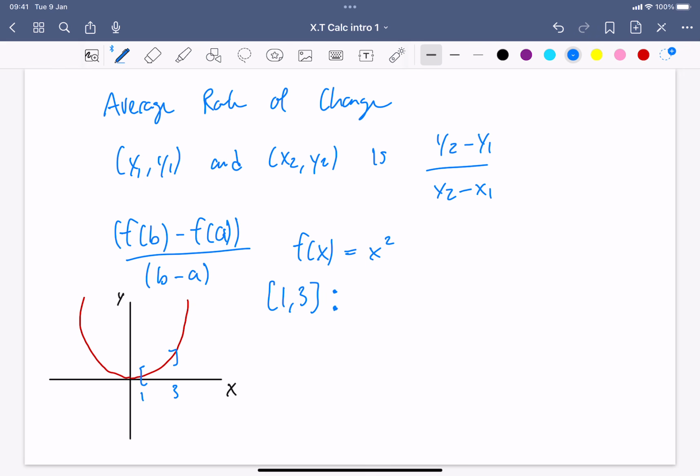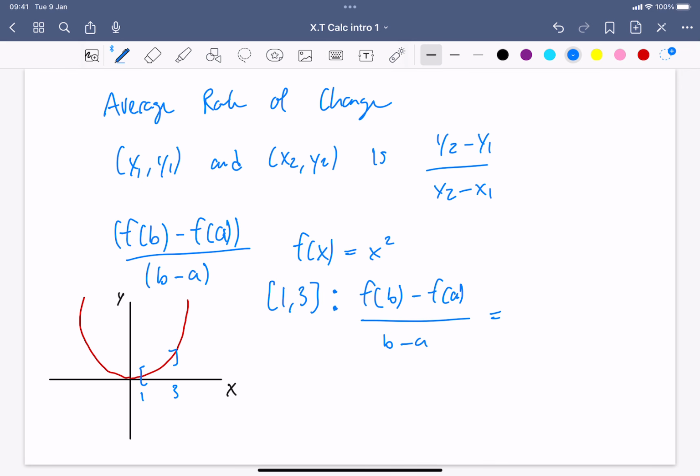So y2 would be 3 squared, which is 9. 1 squared would be 1, so we have 9 minus 1 for the top part. Actually, I'll be a bit more clear. I'll rewrite this as f of b minus f of a over b minus a. So where f of b comes from, we're taking the function f of x and we're replacing x with 3.